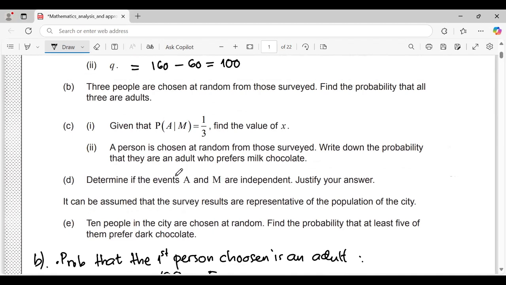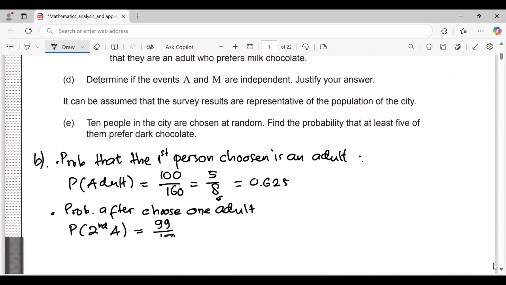Determine if the events A and M are independent. Justify your answer.